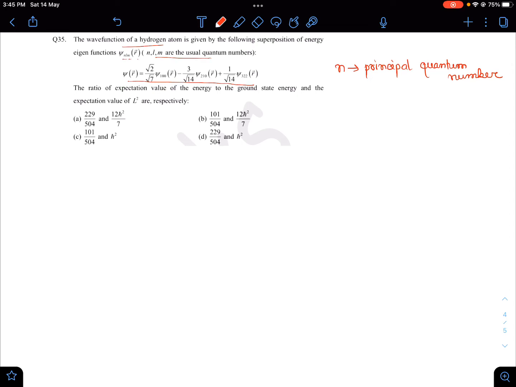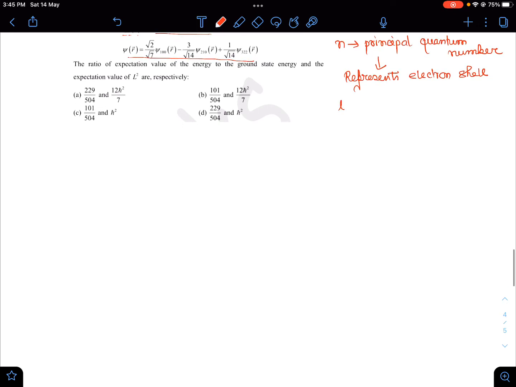It basically represents the electron shell. After that we have l. l is the azimuthal quantum number, or orbital angular momentum quantum number.